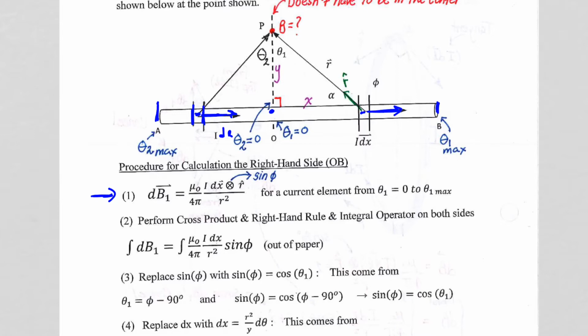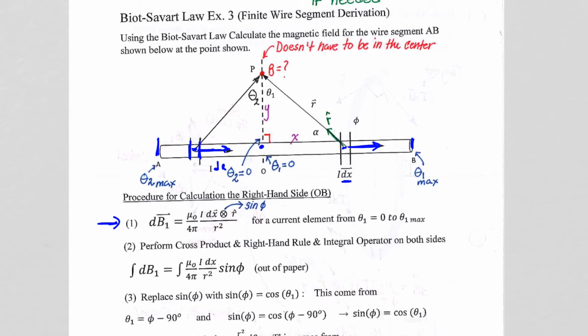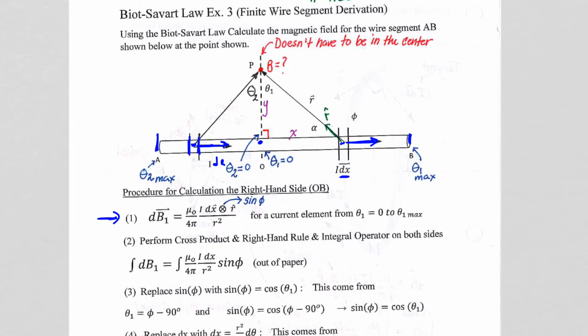The IDL becomes an IDX because this is one-dimensional, and I'm going to show you that we solve the problem for the right-hand side only, from 0 to point B. The mathematics to solve the left-hand side would be the same, but we just replace theta 1 with theta 2.